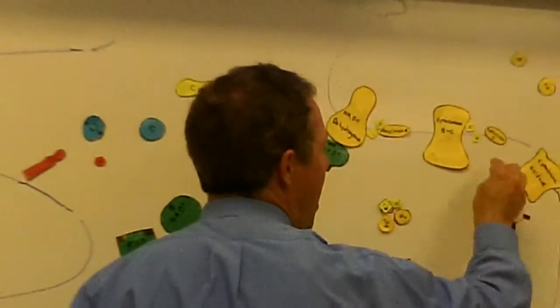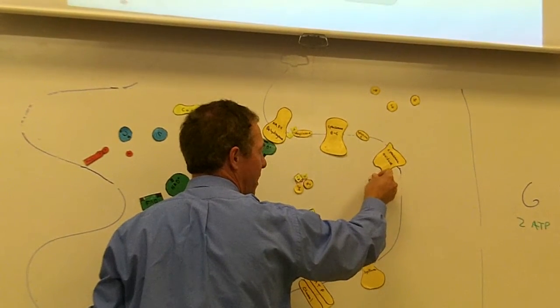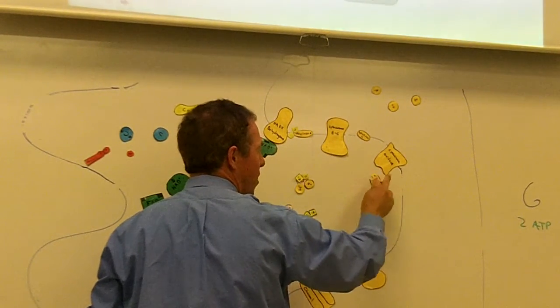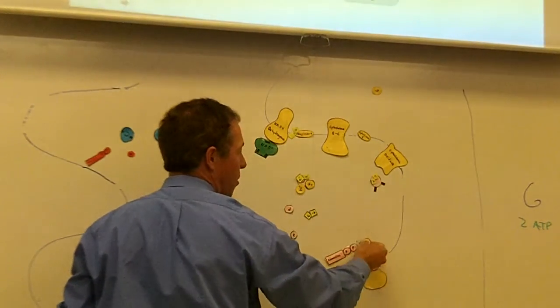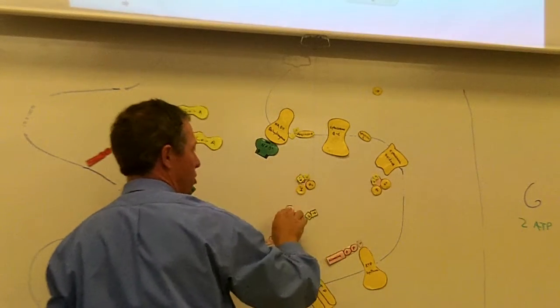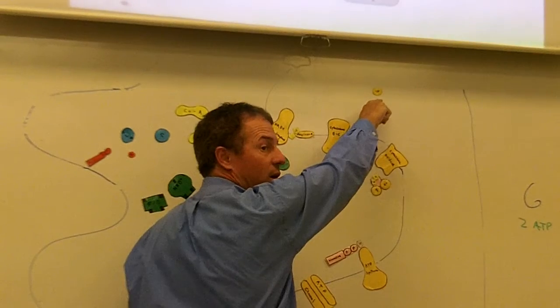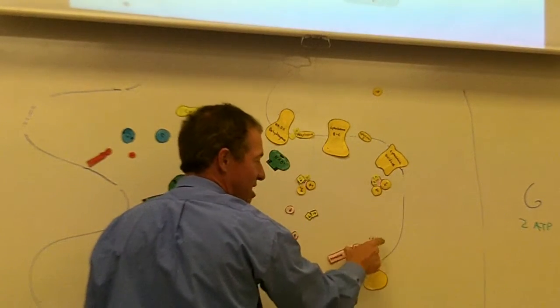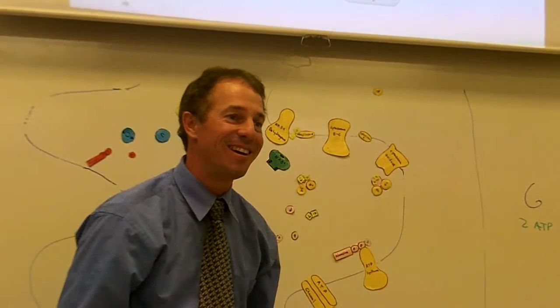So oxygen is the final electron acceptor at the end of the electron transport chain in the mitochondrion. Where does it get the hydrogens? The hydrogens, remember, were dropped off by the NADs, and they got pumped out, and they came back in to make ATP, and then they get picked up by oxygen to make water.